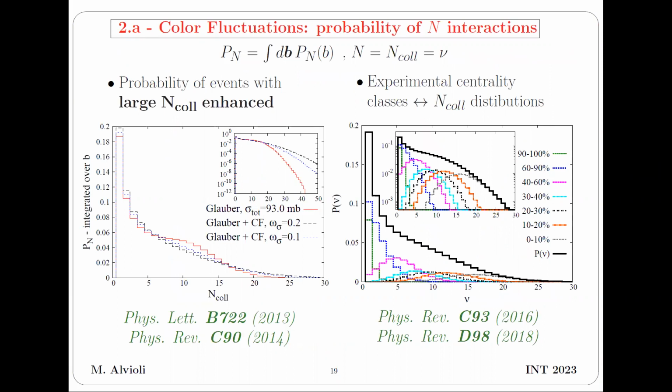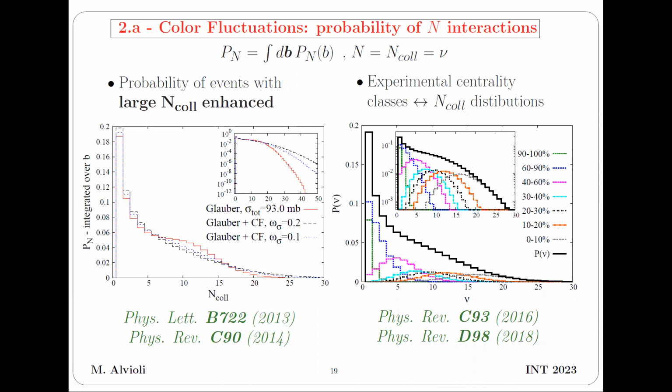What happens is that the probability of events with a large number of collisions is enhanced with respect to the usual Glauber approximation with a fixed total cross section. This also has an implication on how centrality can be determined. Different centrality classes can be determined as a function of the distribution of the number of collisions.